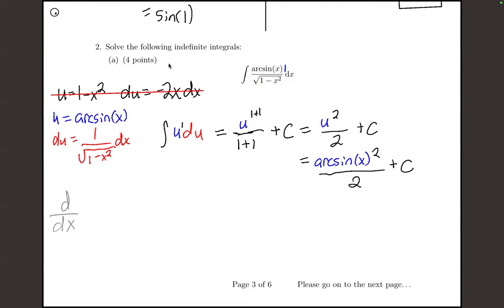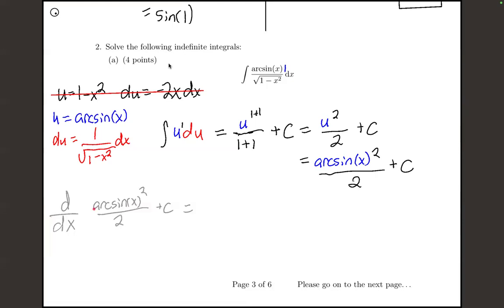So derivative d dx of arc sine of x squared over 2, plus c. As I mentioned, U substitution is kind of the inverse chain rule, or the anti-chain rule. So to take the derivative, we're probably going to need the chain rule.